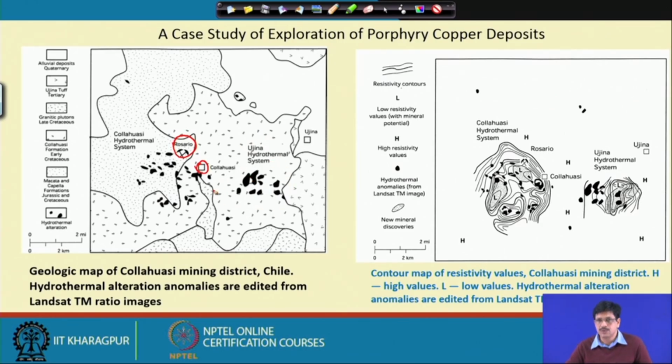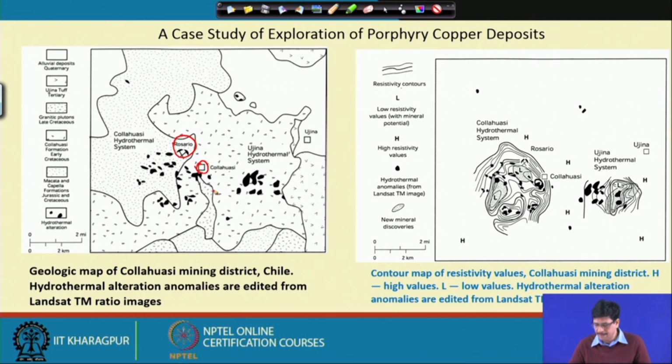As we were saying while introducing the subject, any particular discovery does not result from just a single technique or methodology that gives the definitive indication, based on which we infer the presence of any mineral deposit.